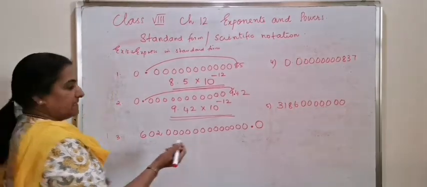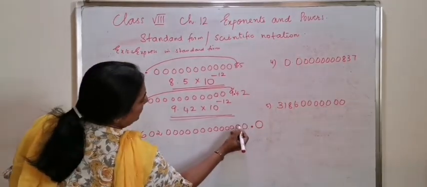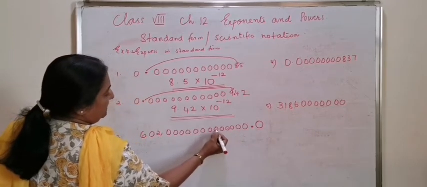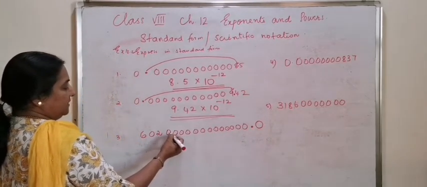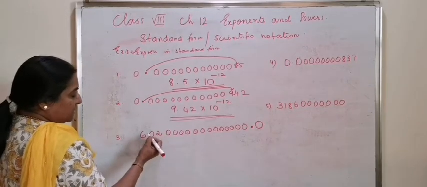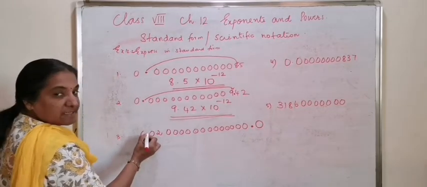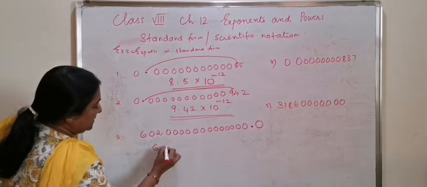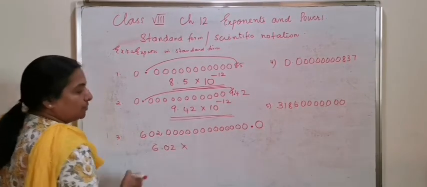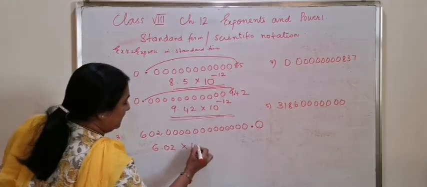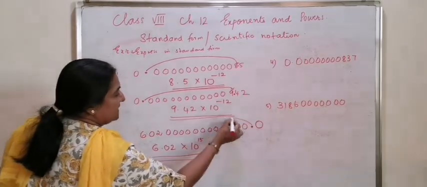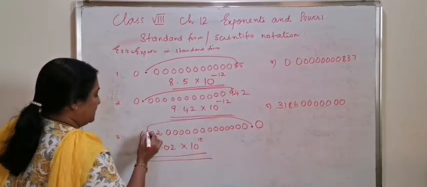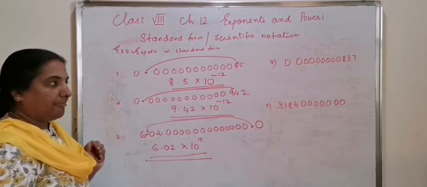Let's see how many places: 1, 2, 3, 4, 5, 6, 7, 8, 9, 10, 11, 12, 13, 14, 15 places, because you have to get it as 6 point something. So 6.02 into 10 to the power of positive 15. The decimal place has to get shifted 15 places.